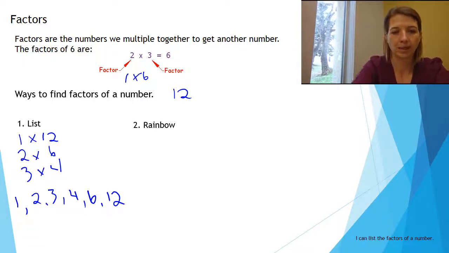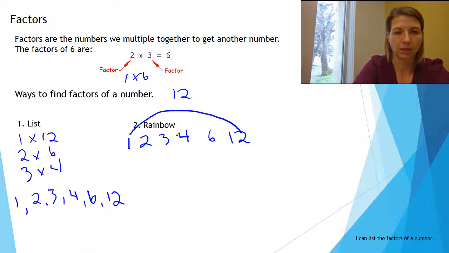We can also make a rainbow. So I start with 1 times 12, and then I'm going to think 2 times 6, and 3 times 4. We'll call this a rainbow because the end times together equals 12, 2 times 6 equals 12, and 3 times 4 equals 12.